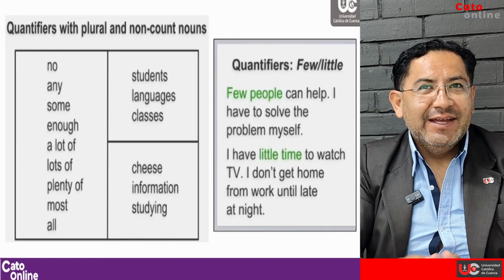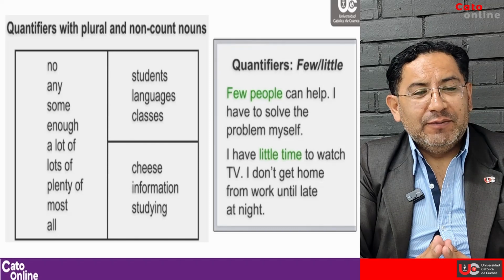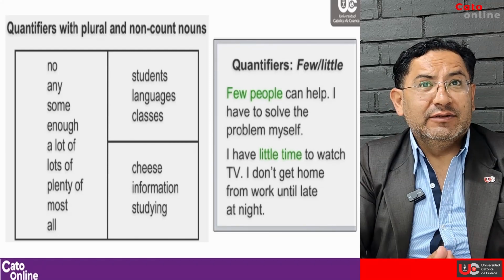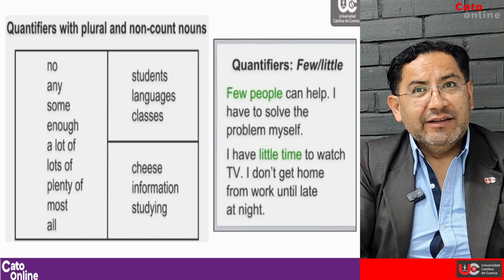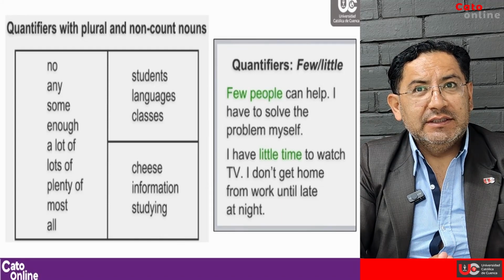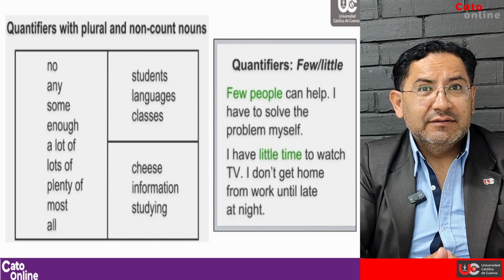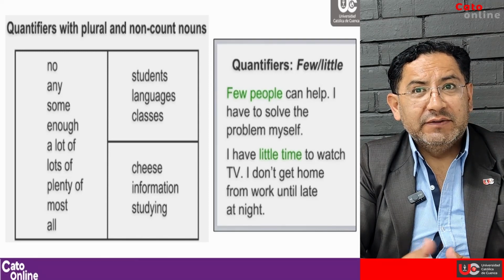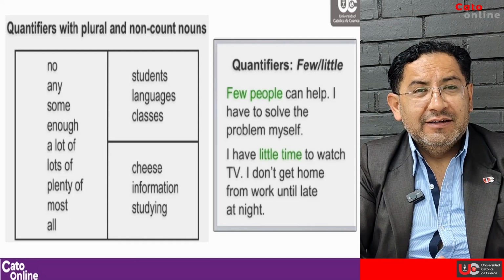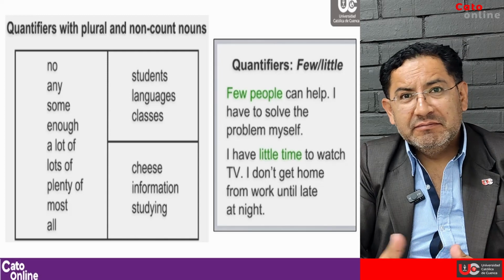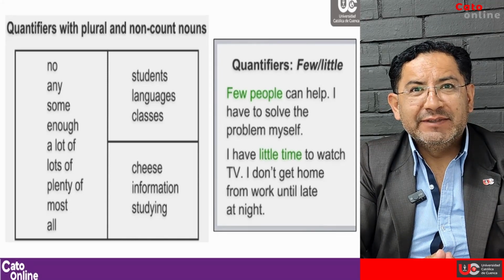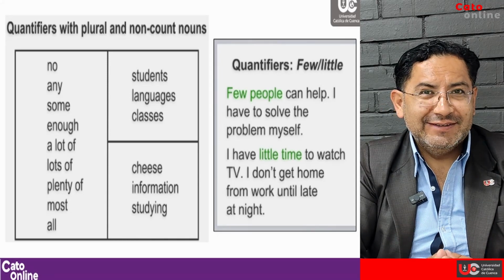Okay, quantifiers with plural and non-count nouns. For example, no students, any languages, some classes. For example, enough cheese, a lot of information, plenty of studying, most students, all students.